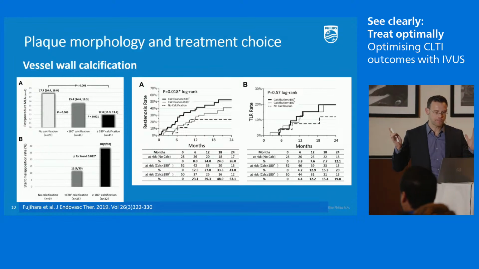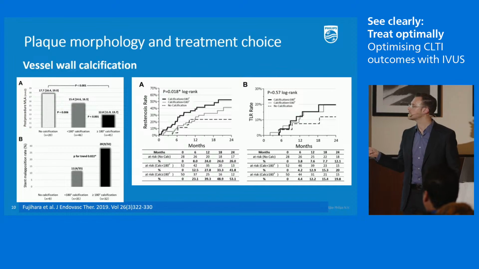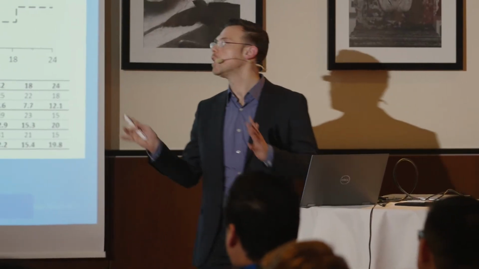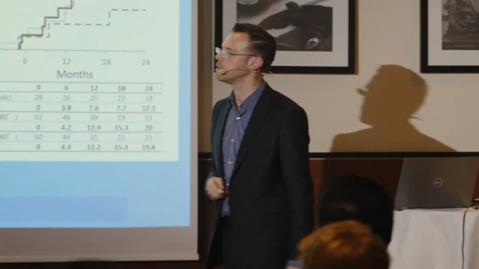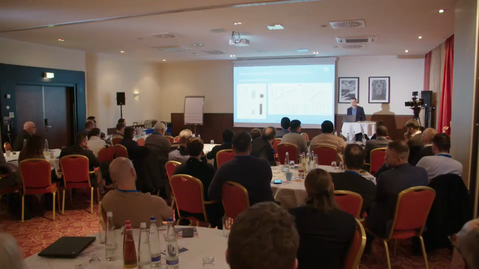It would not surprise you to hear that the minimal luminal area achieved was less in those patients with severe calcification relative to no calcification. So basically, the aim of the game is to gain lumen, and you did it less successfully in those situations with heavy calcium. So far, not a surprise, right?